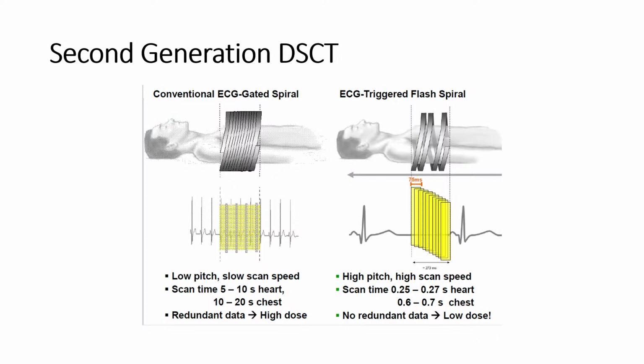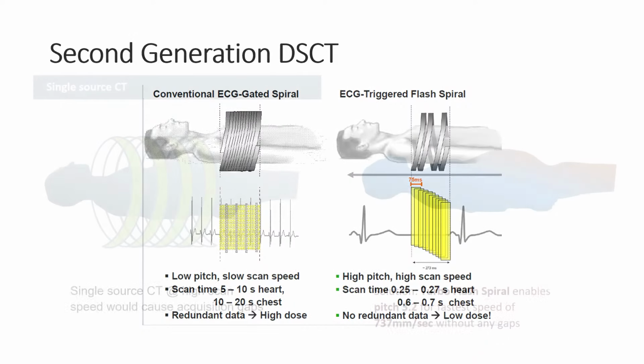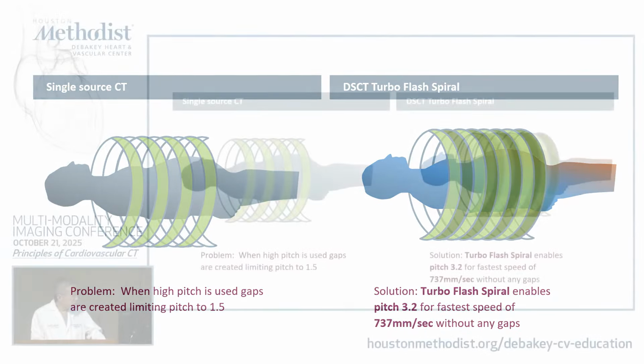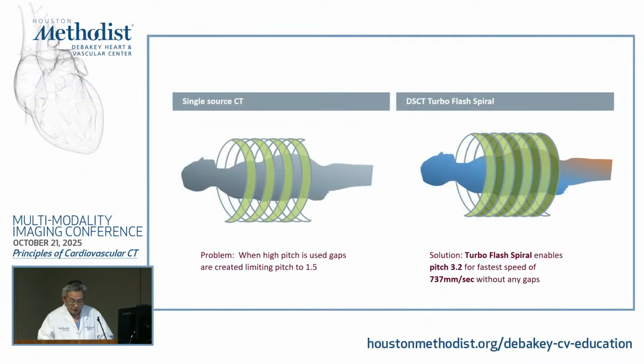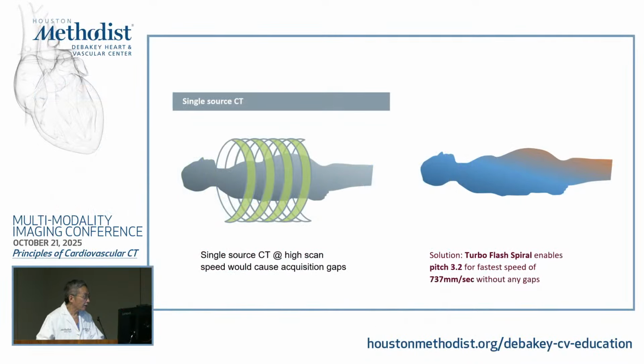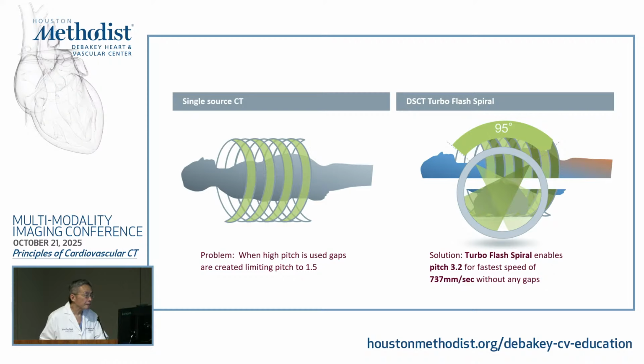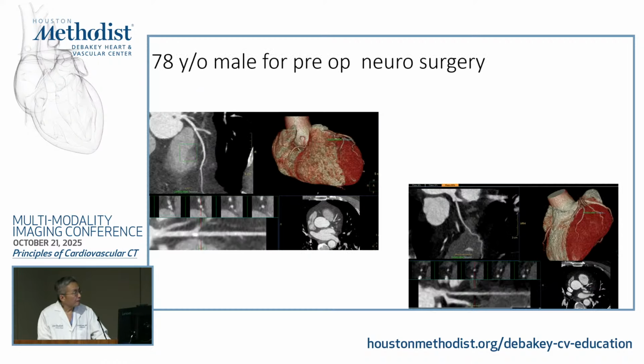Okay, and that essentially you can image the heart between about 200 to 300 milliseconds, and about half a second to a little bit more for chest. Okay, so if you do that with a single source CT, you're going to leave part of the heart without data. But since you have two, that takes care of the problem. Okay. So that allows you to do this.